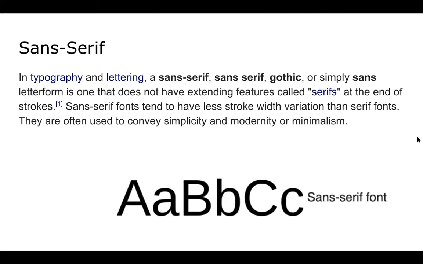Sans serifs in typography and lettering simply mean that they do not have the serif at the end of the stroke. They tend to have less stroke variation, and they're often used to convey simplicity, modernity, and minimalism. So you'll see these a lot on a lot of apothecary products right now, and there's even a whole apothecary typeface selection.